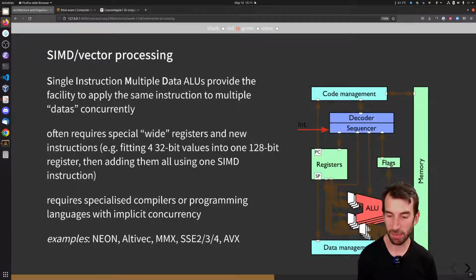So a SIMD CPU might replicate the ALU so that you can set it up with a single instruction like add, and then within your memory there's one word of memory, and there's the second word, and you're going to add these together. Normally you just do one add with the whole field, but now we're going to split them up into maybe 4 little ones, and we'll add each one.